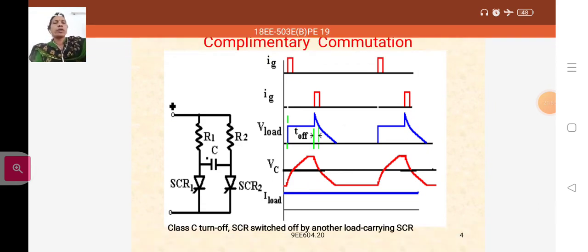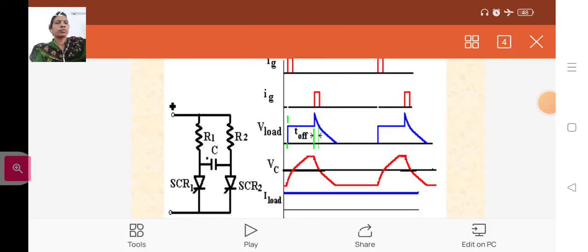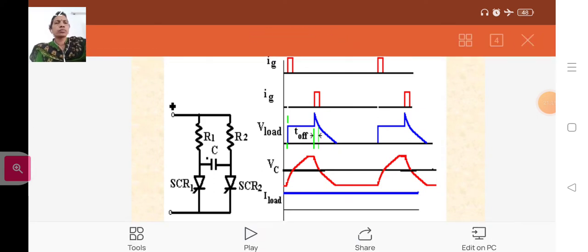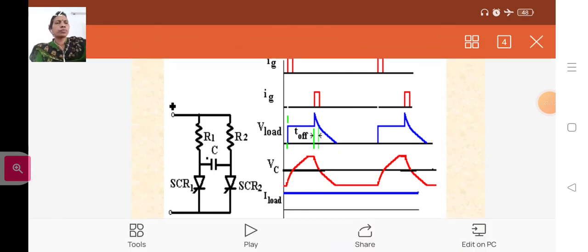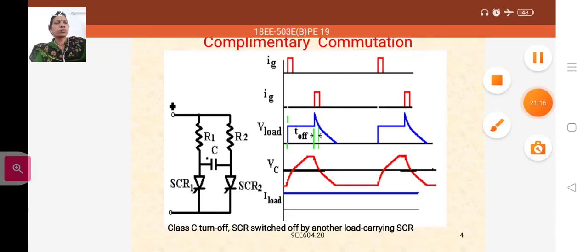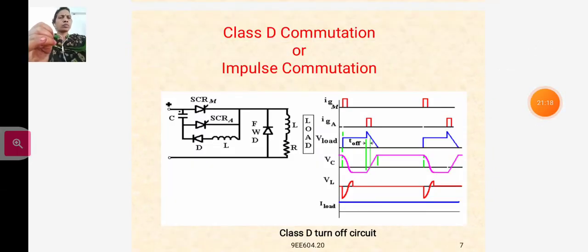Now we are going to discuss class D commutation. Now, I'm going to discuss about the class D commutation or impulse commutation.